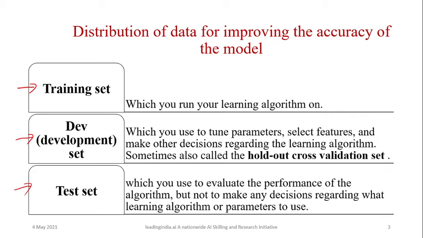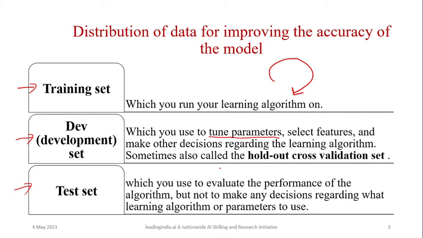Now if you find your model is not up to the mark, then you will tune some parameters and select some features. Maybe that can be your alpha value, maybe your beta value, maybe your layers, or the number of neurons in a particular layer. Based on that you modify the architecture, you modify the model, and again you retrain with the training data.